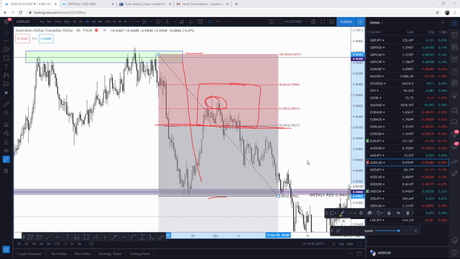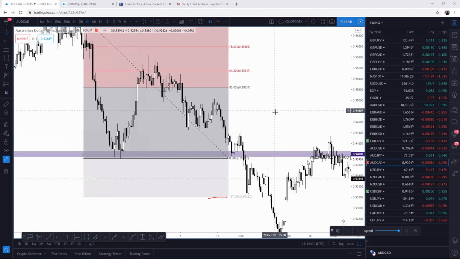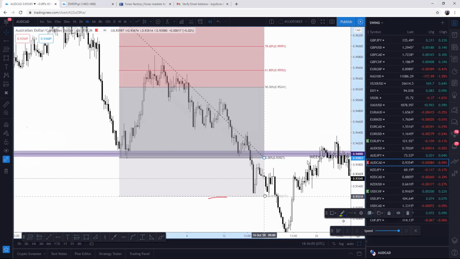Once you have a candlestick confirmation that aligns with your short entry, what do you do? You take the risk, risking reasonably, you hold the trade, and then what happens? It smashes all the way, surpassing even the fib extension, right? You can see that this was the fib extension.